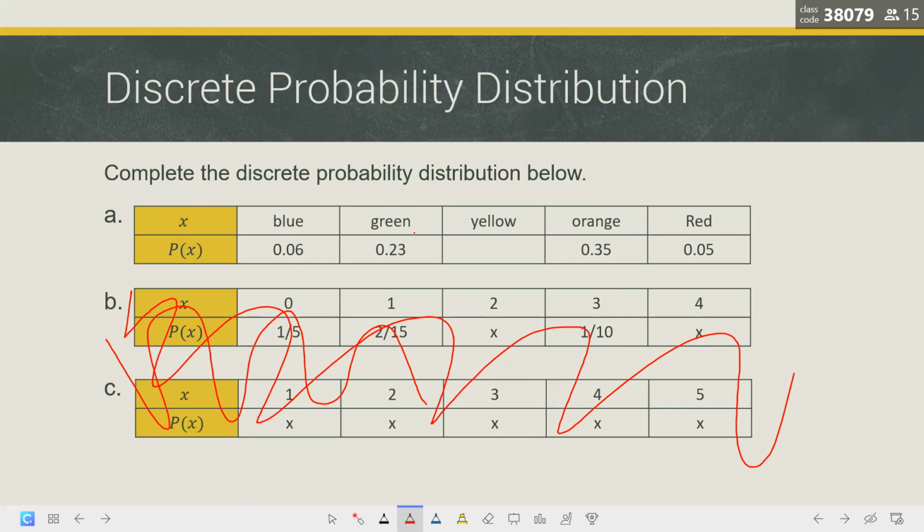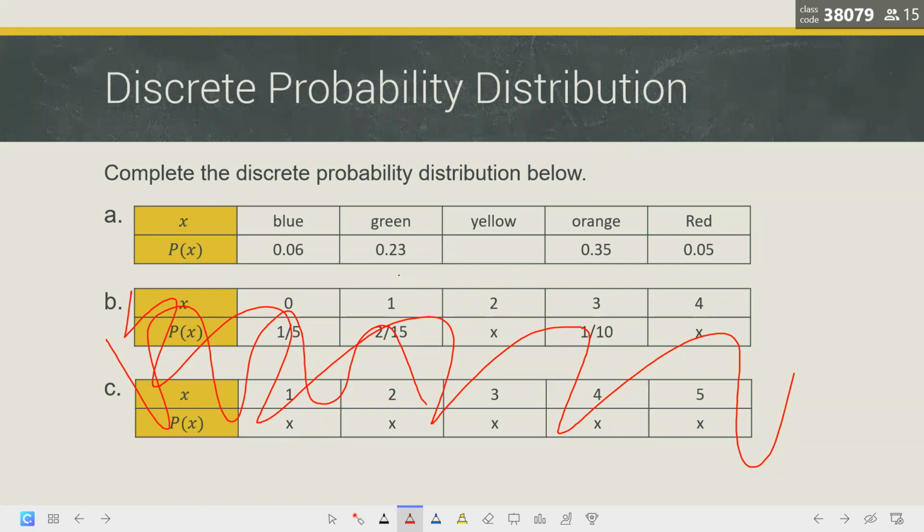Sa green, 0.23. Sa orange, 0.35. Sa red, 0.05. Ngayon, class, in some incident, kinolect ninyo lahat ng per color. Tapos, nasama nyo, kunwari, yung yellow sa mga trash ninyo. So, nawawalan kayo ng record kay yellow.